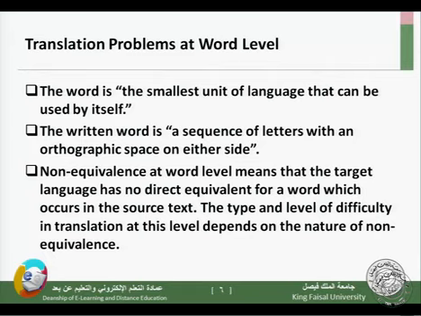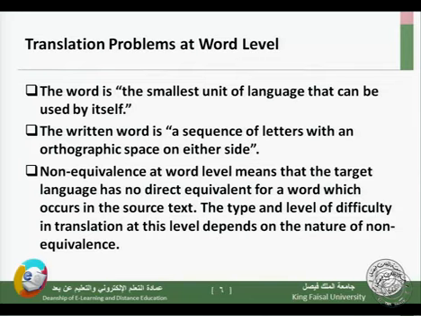Now, as a translator, you need to ask yourself: I'm translating from Arabic into English, and if there is a word in Arabic, does it have a direct equivalent in English? Like an-naqa. Don't tell me camel.